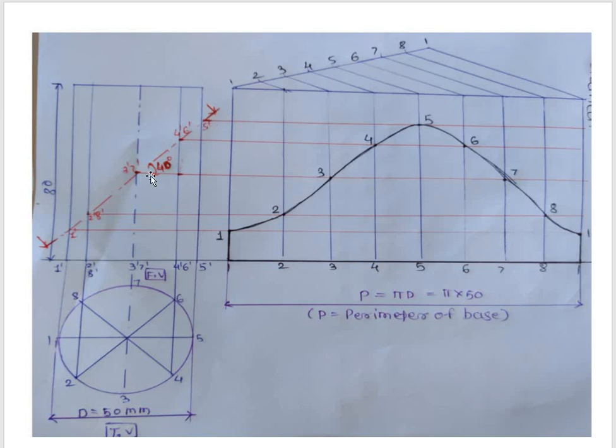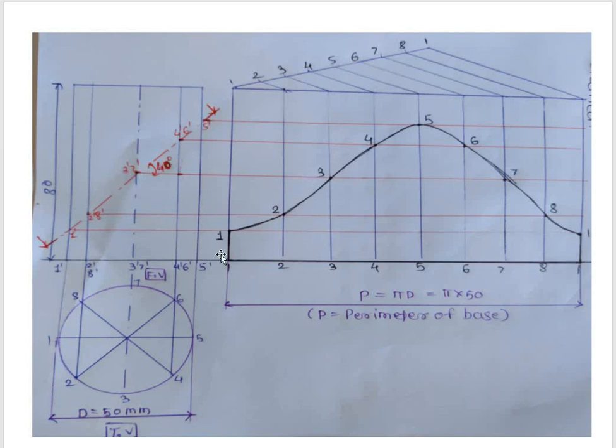After making this AIP cutting line, wherever the AIP is cutting the generators of this cylinder, you have to mark a point: 1 dash, this is one of the generators, then 2 dash, 8 dash, then 3 dash, 7 dash, 4 dash, 6 dash, and 5 dash.